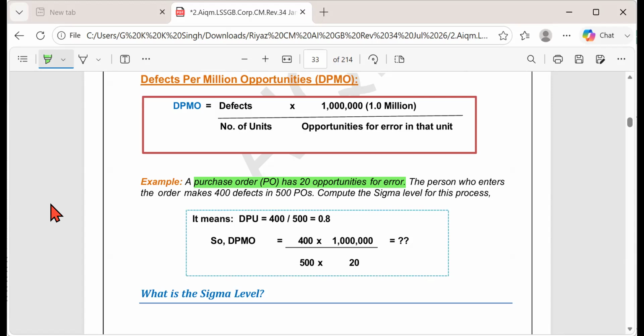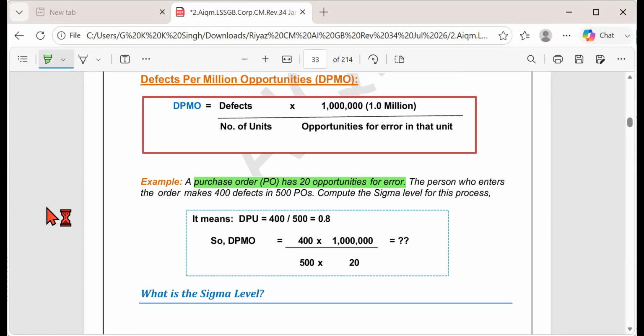Say, for example, the wrong date, wrong order code, material code wrong, wrong number of units, vendor number, vendor reference, then material specification, then payment term, logistics details, then insurance details.